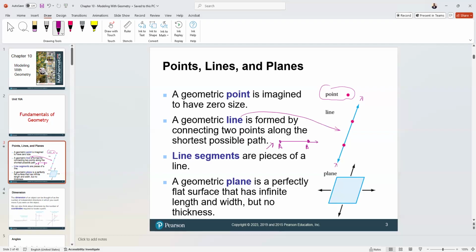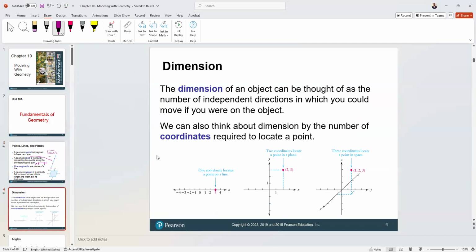The same way, the dimension of an object can be thought of as the number of independent directions in which you could move if you were on the object, right? If you were confined to a point, you would have no place to go. So a point has zero dimensions, so we need to remember that.